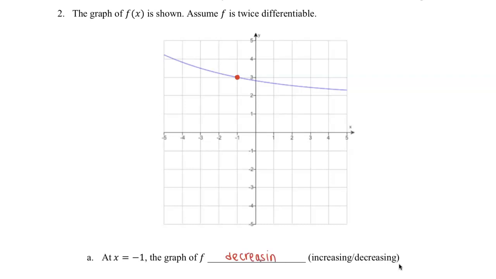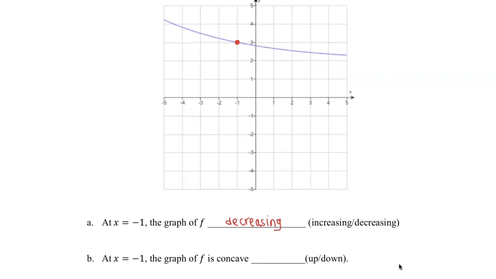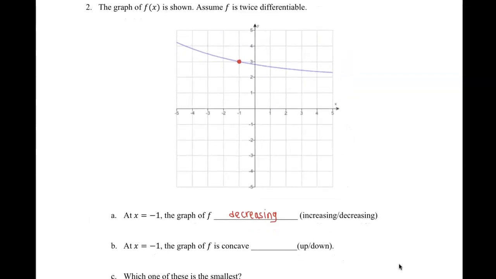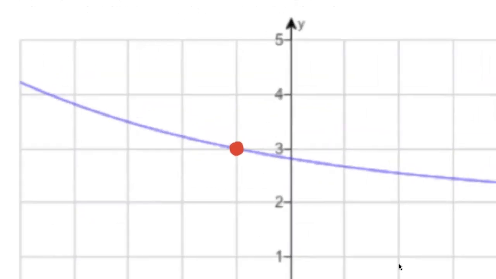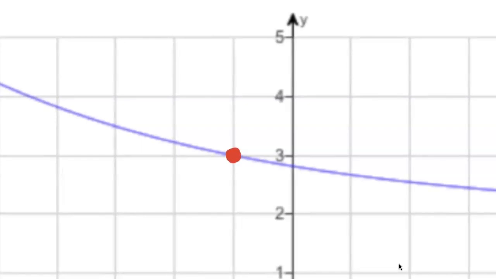Too easy. What's next? At -1, the graph of f is concave up or down. Well, we can figure this out by sketching a tangent line. So let me sketch a tangent line at this point.